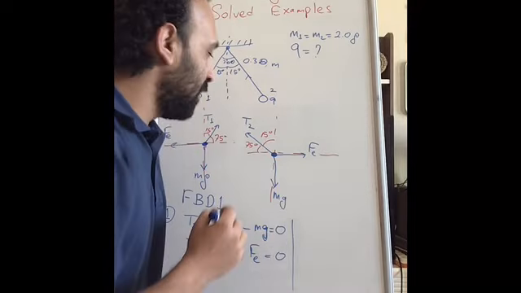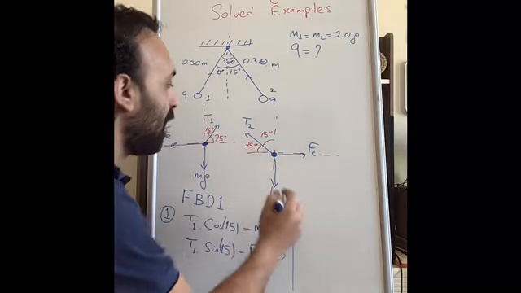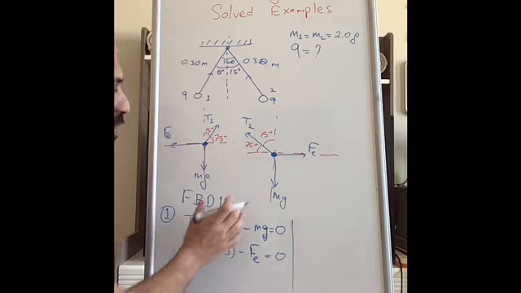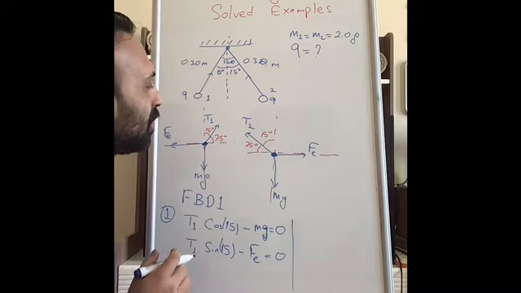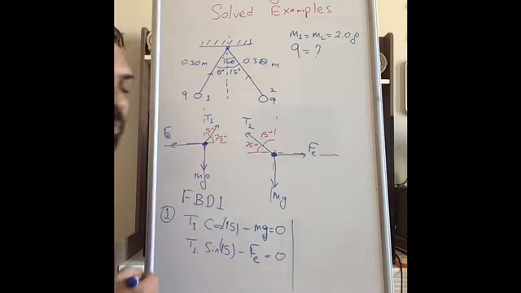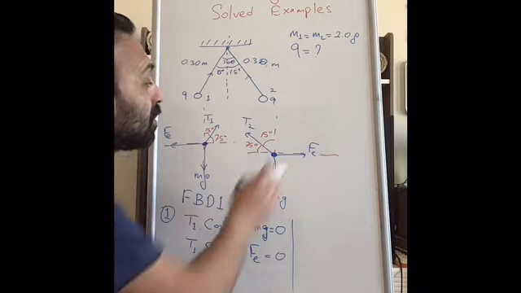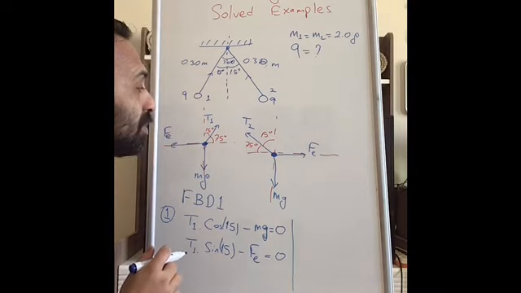And from the second free body diagram, we are going to have similar equations. Again, the second sphere is in static equilibrium, so the total force on it should be 0.